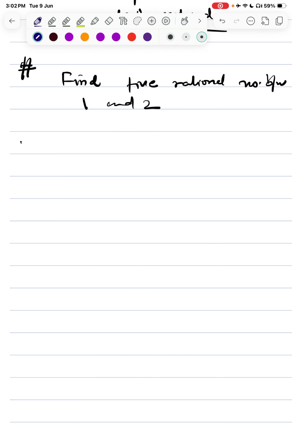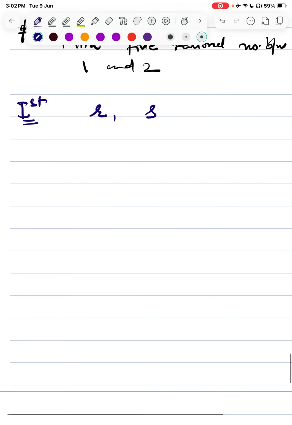So let's take the first approach. Suppose you have to find a rational number between R and S. Here R is 1 and S is 2. What you will do is the thing that we have done: just take R, take S and divide by 2. Just take the middle.